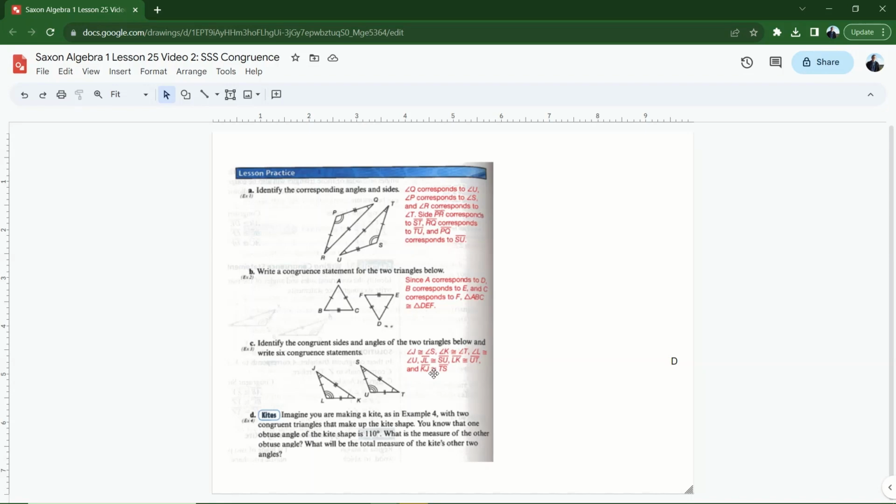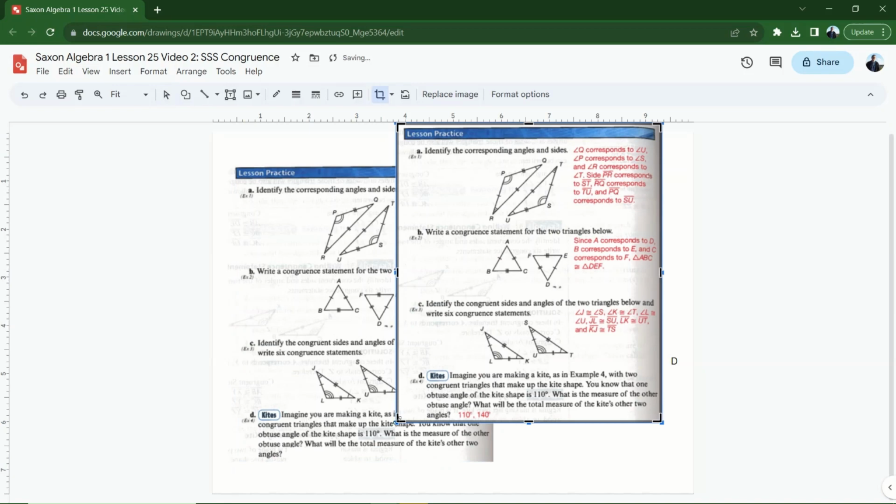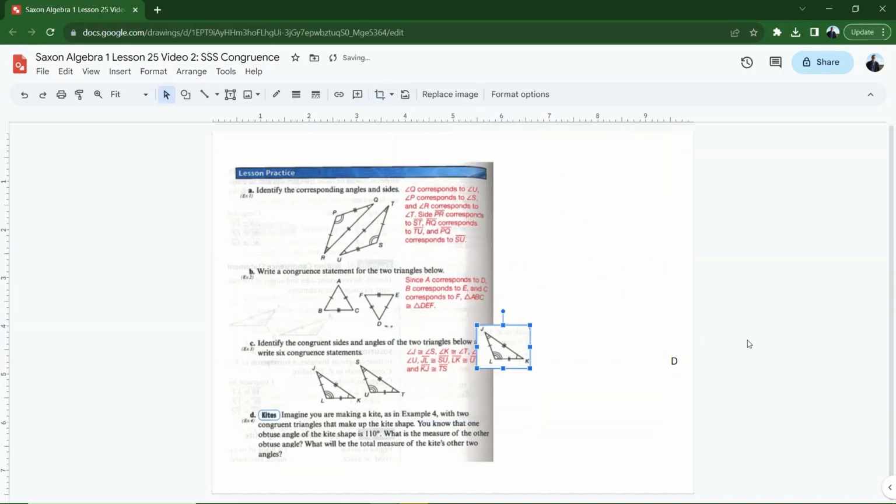All right, and then lastly, this is just like the flipped one that we did before. What I'm going to do, I'm going to try to get one of these triangles by itself here so that we can see this in action. Let's see if I can get JKL. So if I just shrink this down and just try to grab triangle JKL, all right, that's decent.